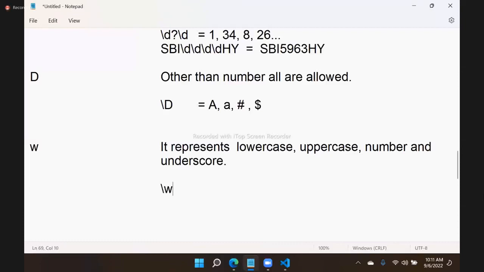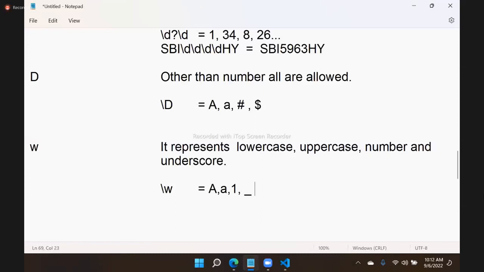When you define \w, it will allow uppercase alphabet, lowercase alphabet, numbers, and the underscore only. Other special characters are not allowed. That means $, hash, these are not allowed.